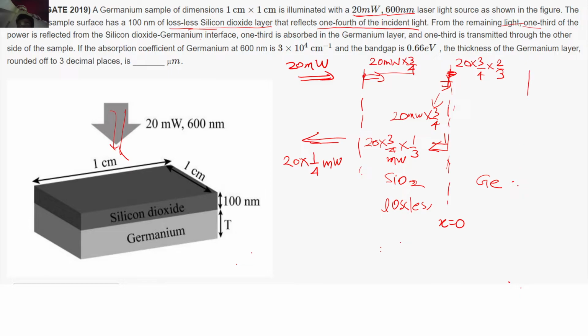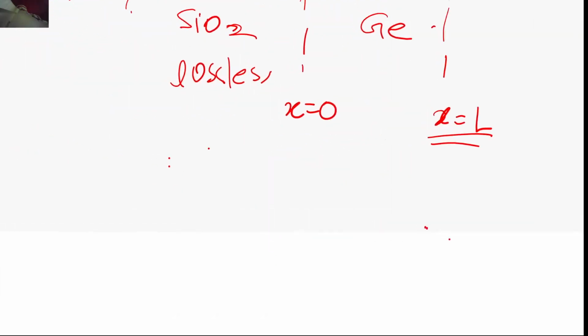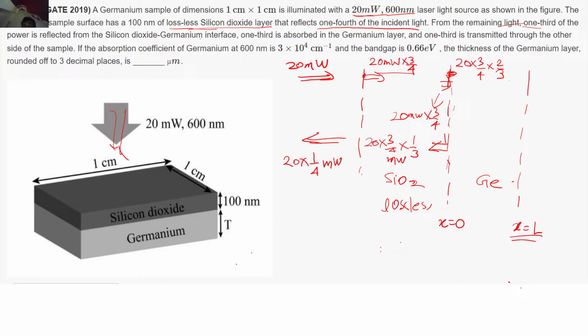And the germanium has some length over here, right? Let me write it as x equal to L. Now out of the power that has passed through the interface, 1/3 is absorbed by the germanium layer and 1/3 is transmitted through the other side of the sample. So the power that I'm actually getting out of the germanium is 20 into 3 by 4 into 1 by 3.